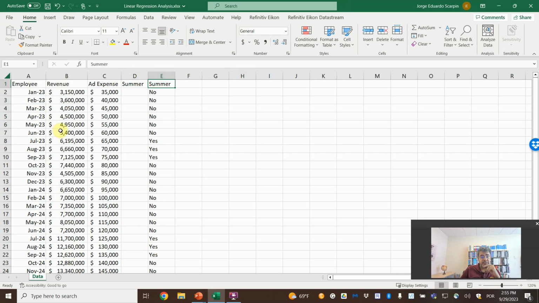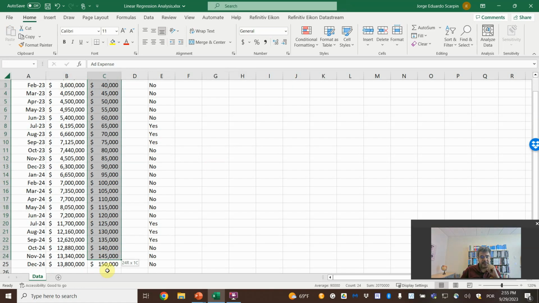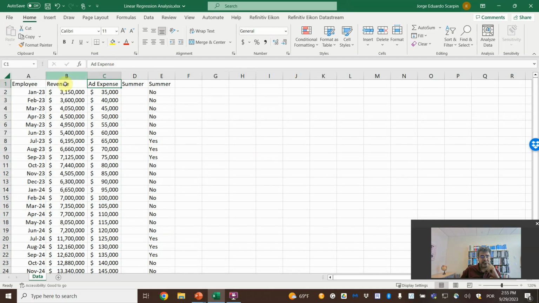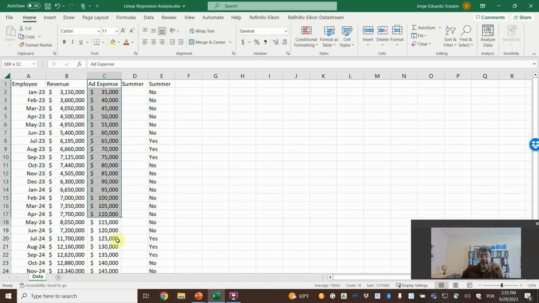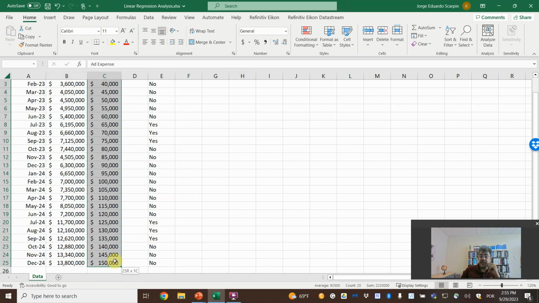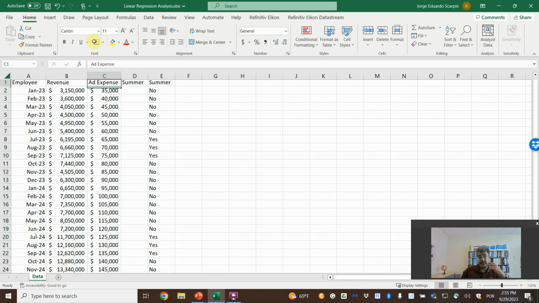From 2 years, I want to check if the ad expense is related to or can explain our revenue. So the revenue is our dependent variable, or the y axis. Ad expense is the x, the independent variable, or the x axis.